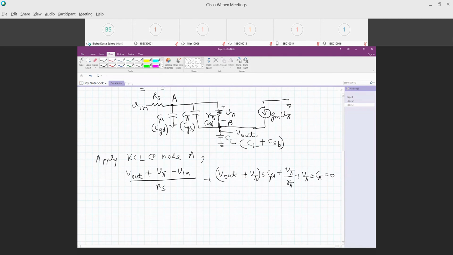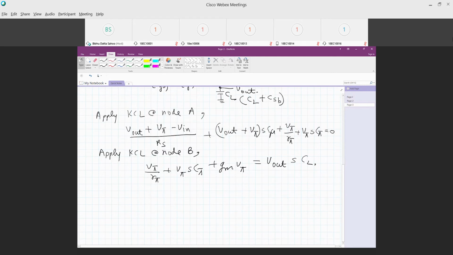We apply KCL at node B, V pi by R pi plus V pi S C pi equal to S C L V out.